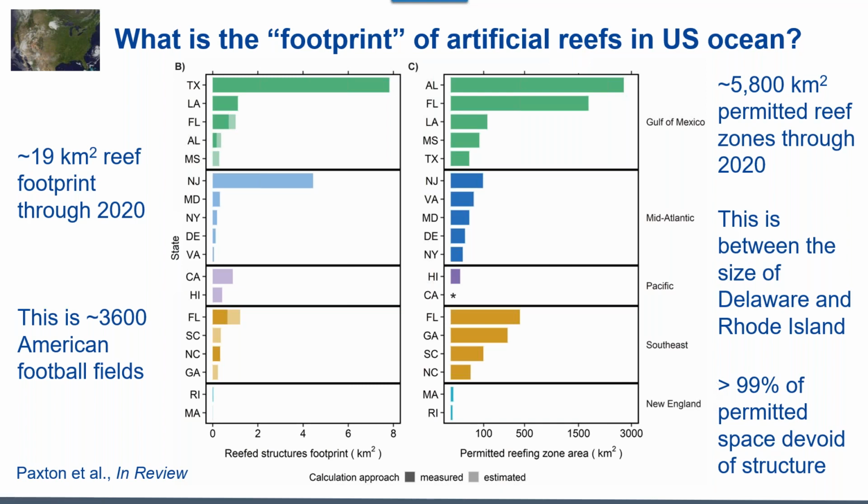Well, in conversations with reef managers, one of the things that became clear is that these permitted zones are not meant to be full of reef structures. In fact, in many states, the structure locations are strategically sited to optimize ecological habitat value for fish by creating buffer zones, for example, or connectivity corridors, even within a permitted reef zone space.